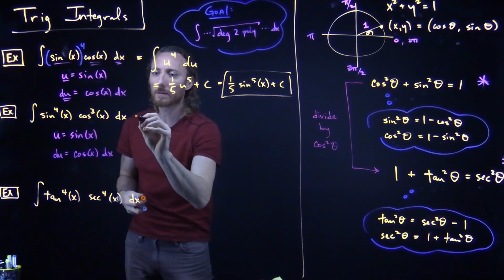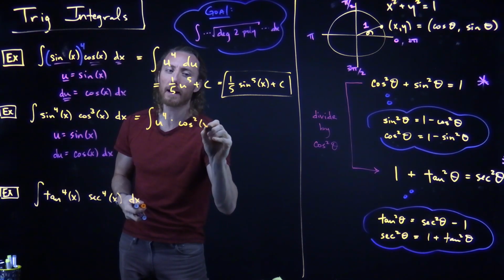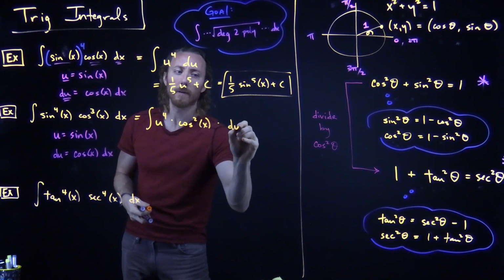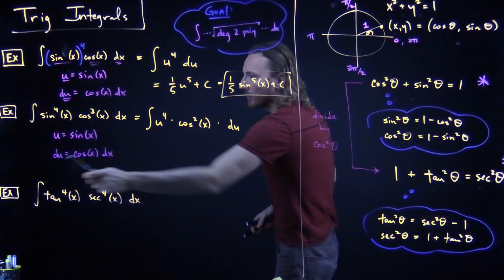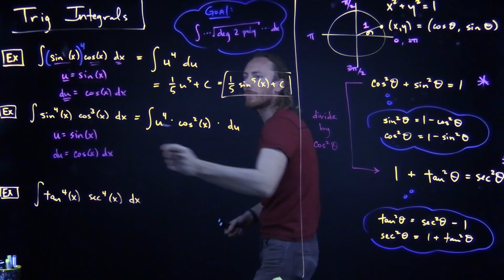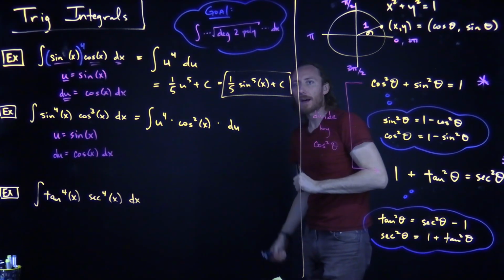If we apply u substitution, we'll have the integral of u to the fourth times cosine squared x times du, because one of the cosines and the dx replaces with du, leaving 2 of the cosines left over. The sine to the fourth is just u to the fourth. We've got that properly accounted for.